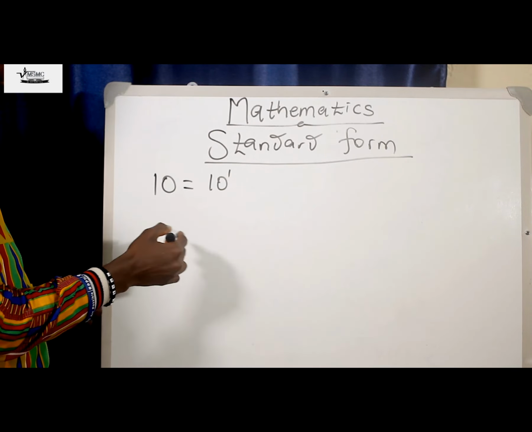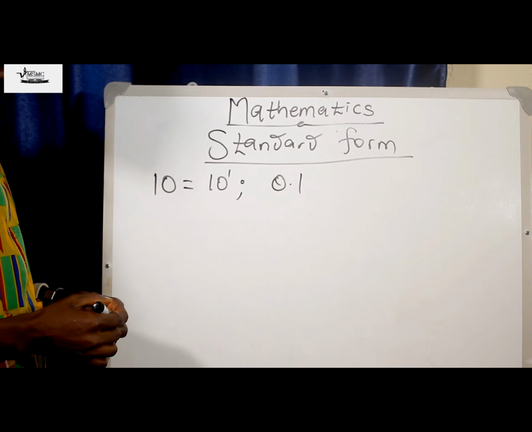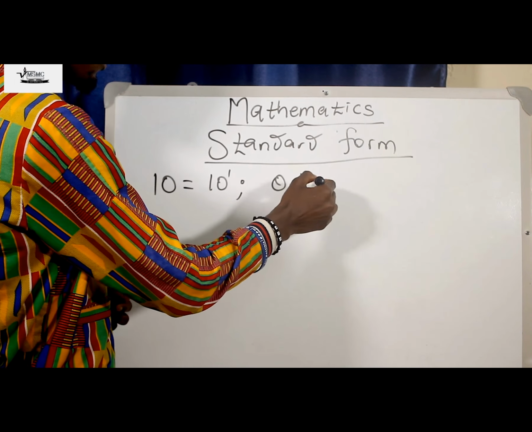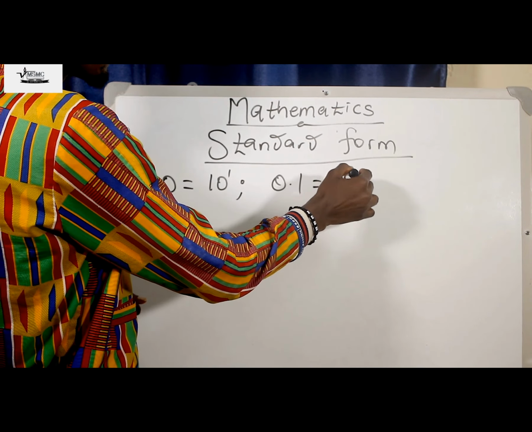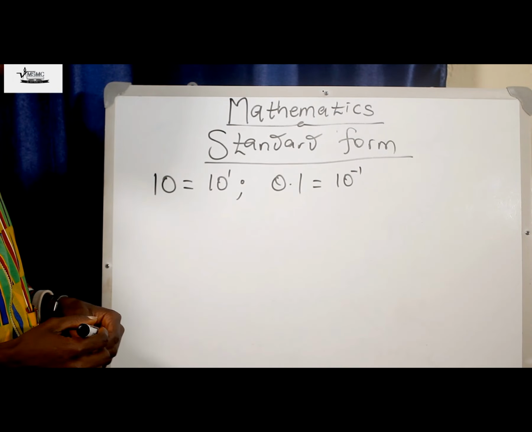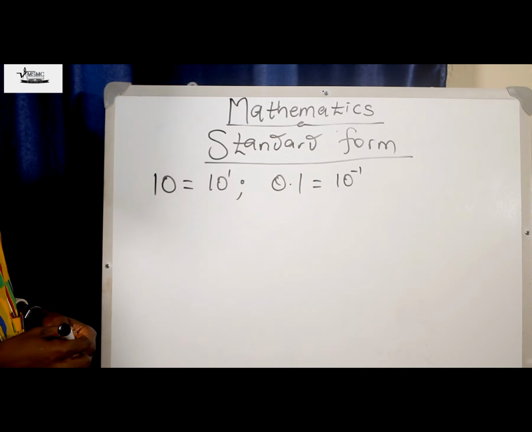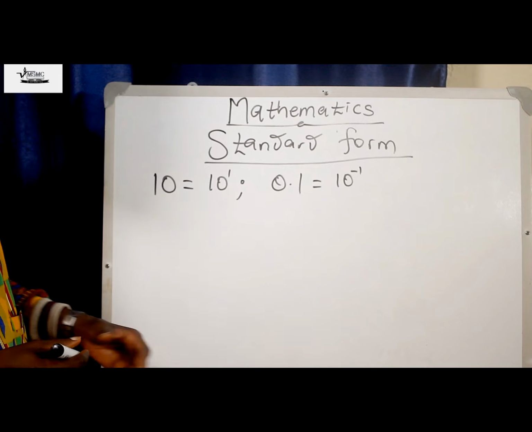The same thing also applies for 0.1. This is a decimal number. 0.1 can also be written as 10 raised to power minus 1. 10 raised to power minus 1, according to the law of indices, is 1 over 10 raised to power 1, which is the same thing as 0.1.